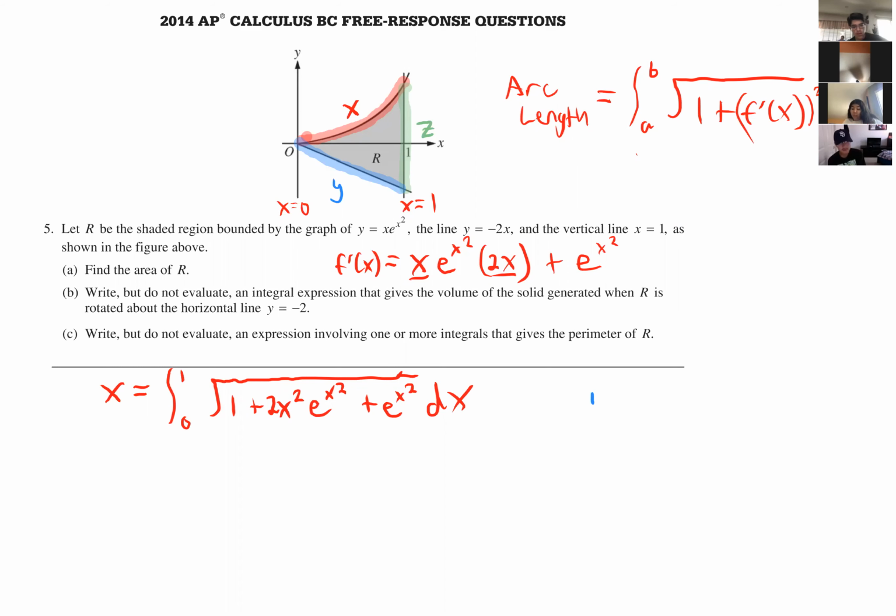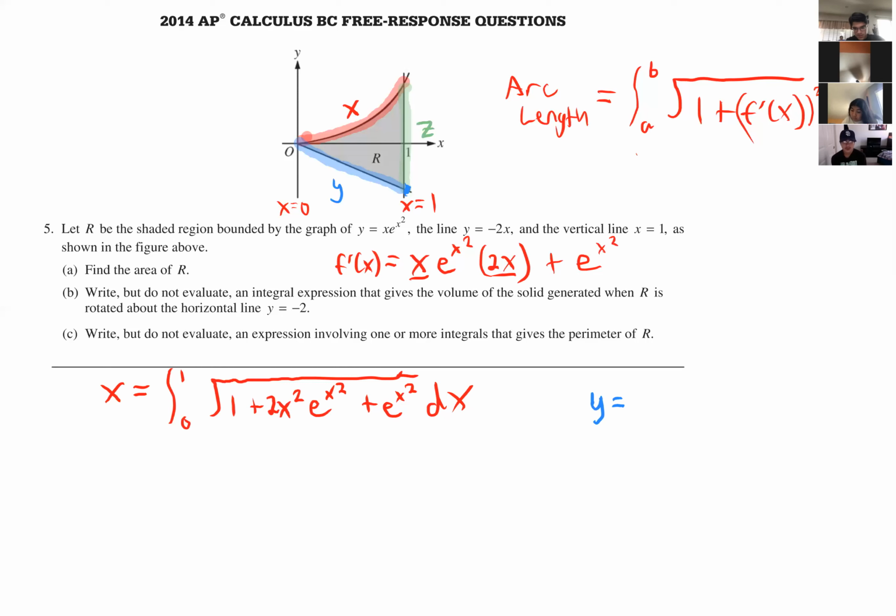So y is going to equal, let's see, if you could do distance formula. Do we know what this point is? Oh, it's the line y equals negative 2x.